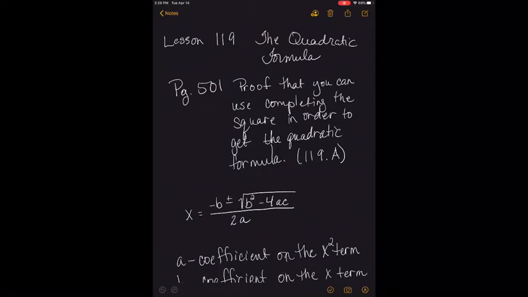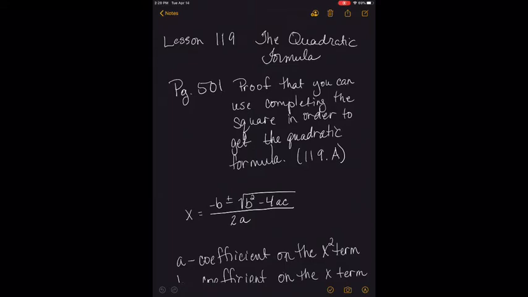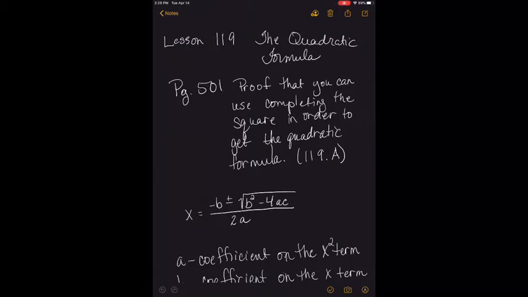Lesson 119 uses something called the quadratic formula in order to solve equations. If you look on page 501, there's a proof there showing where they get the quadratic formula from.